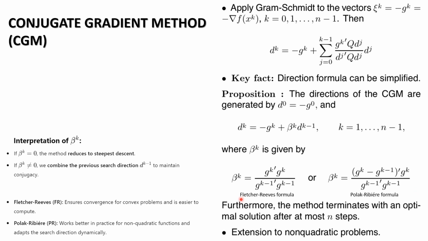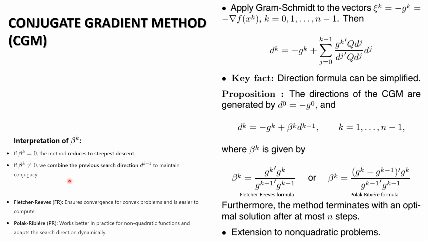Computing the scalar bk, the parameter is computed using one of the following formulas. One could be the Fletcher-Reeves formula or the Polak-Ribiere formula. We are having here just two choices, but it could be much more. And interpretation of bk: if bk is equal to 0, the method reduces to steepest descent.